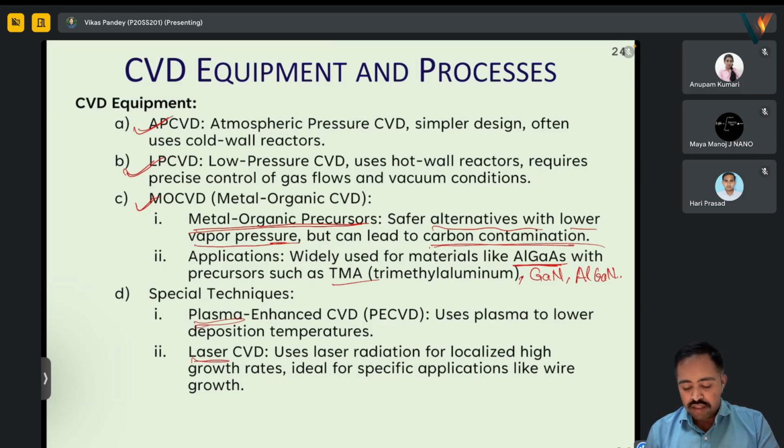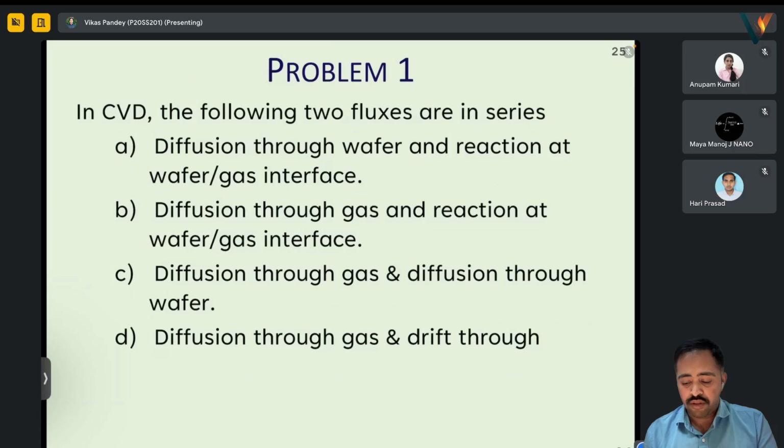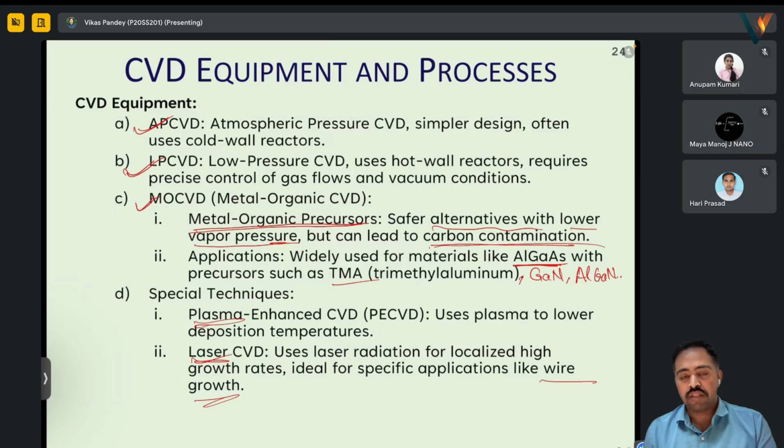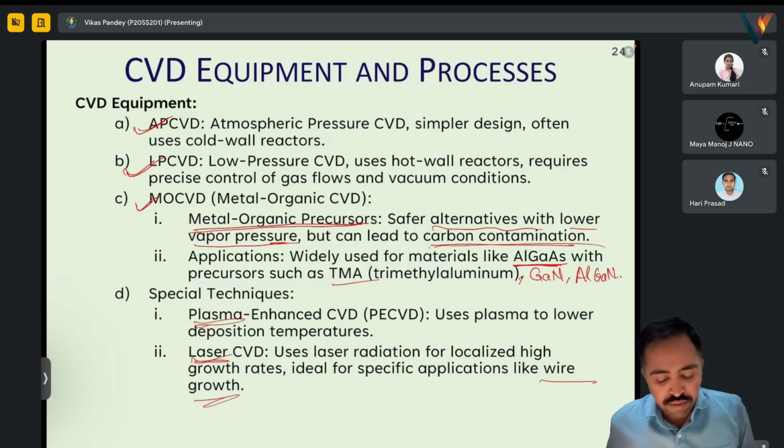Another way is laser CVD, where laser radiation is used for a higher growth rate. These are specifically for wire growth, like nanowires, and these growths are done using laser CVD. Till here, any questions, or should we move to problems?